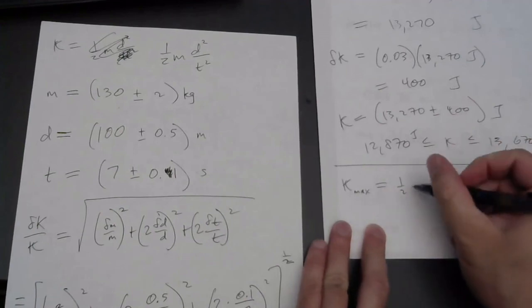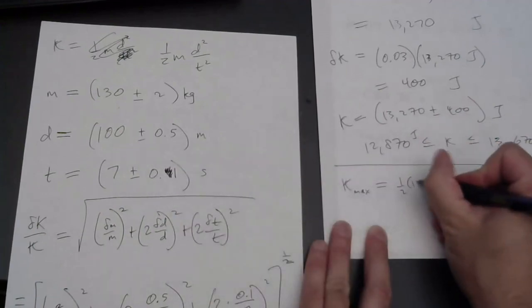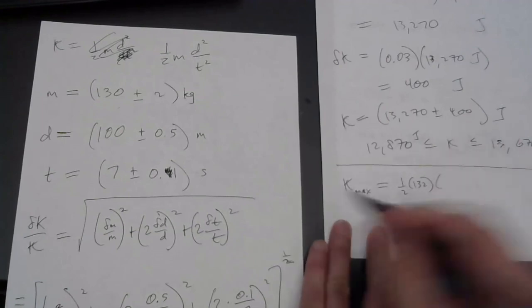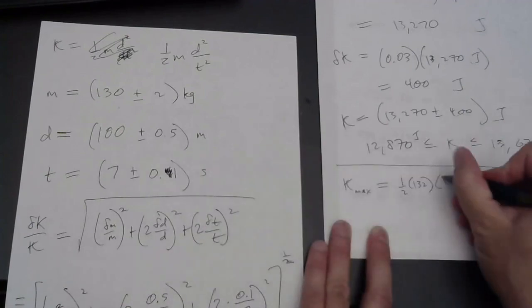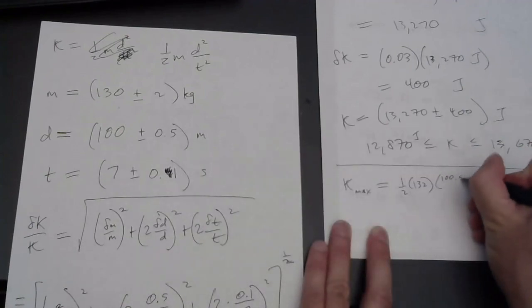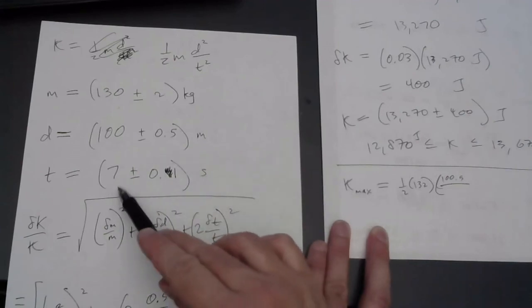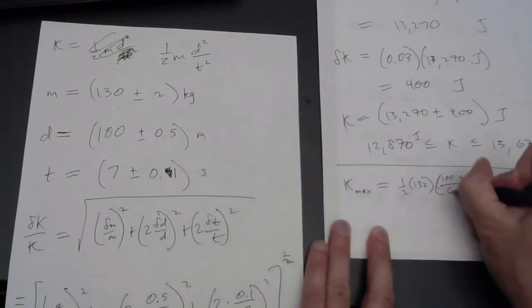Okay. The mass on the high end would be 132. And the distance on the high end would be 100 plus 0.5. The time on the low end would be 7 minus 1/10 of a second, so 6.9.